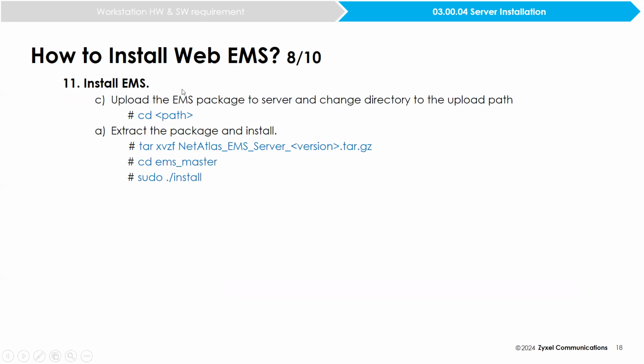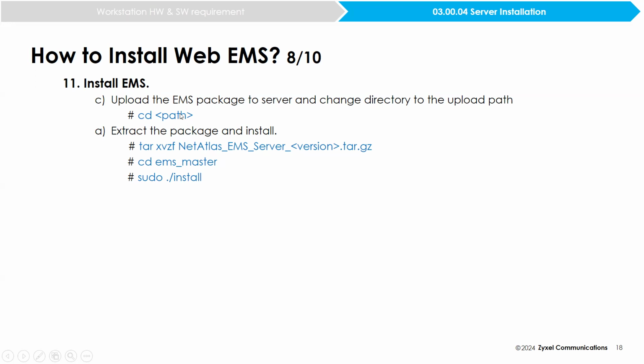Okay, so the environment is already set up. Right now we are going to introduce how to install the EMS software on a Linux server. The first step is to upload the EMS installation package through the FTP protocol to our Linux server.